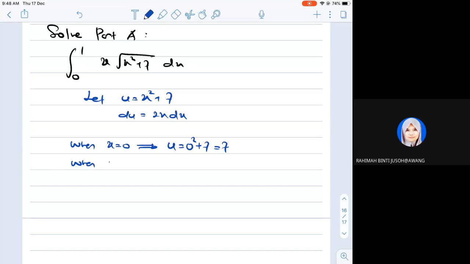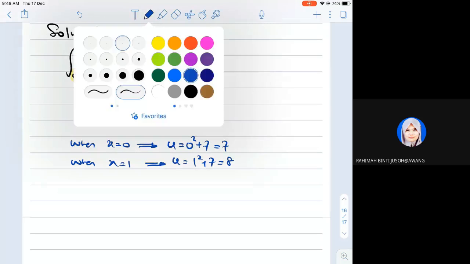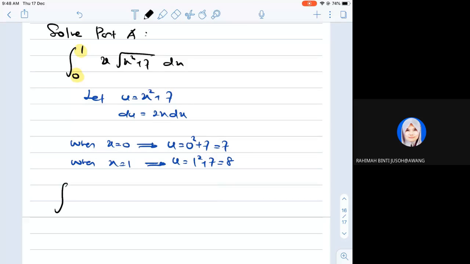Okay, and then when x equals 1, I substitute this limit. When x equals 1, u equals 1 squared plus 7, so equals 8. Alright, so now let us substitute into this integration. We have integration for 0 it is 7 until 1 it is 8. So x, substitute u square root, dx is du over 2x. This dx is du over 2x.